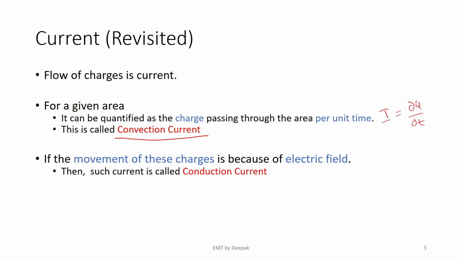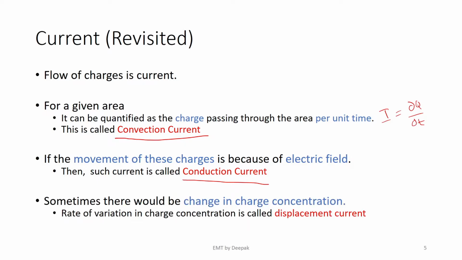If the movement of these charges is because of electric field, then the current is called conduction current. You may have many such currents. If the movement of the charge carriers is because of a charge concentration gradient, then diffusion takes place, and the movement of charge carriers because of diffusion is called diffusion current.